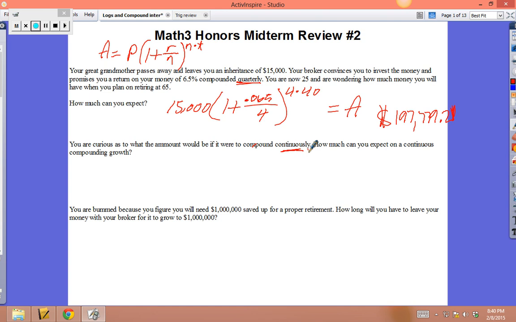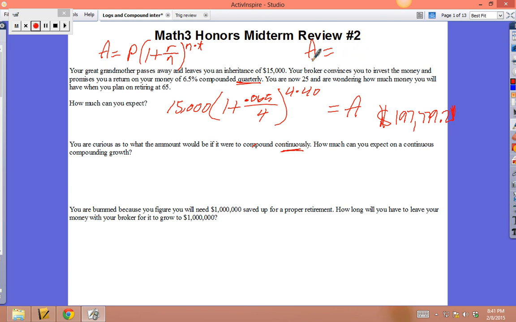Okay, now you're curious as to what the amount would be if it would compound continuously. So if they would dump the interest back into your account every instant, every millisecond, instead of waiting every 3 months and doing it 4 times a year. So continuous growth is modeled with a little bit different of a formula.